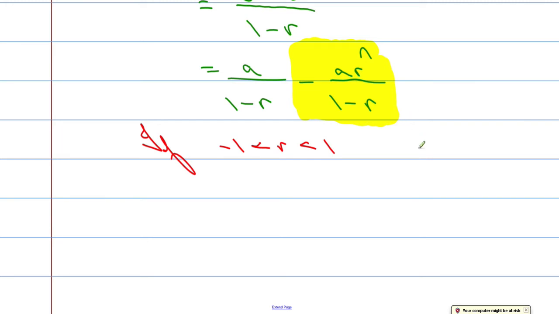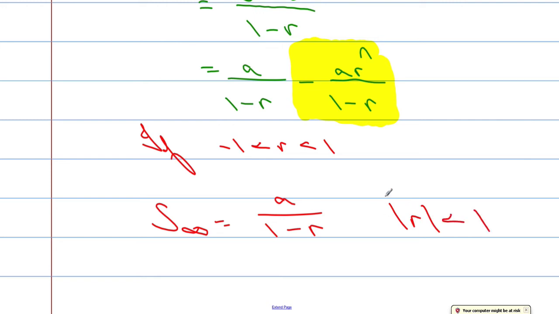Why? Because r to the power of n tends towards 0, because I'm going to have a very, very small value here. So it's going to tend towards 0, which means that the sum to infinity must be equal to, in general, a over 1 minus r, provided that r is between negative 1 and 1.